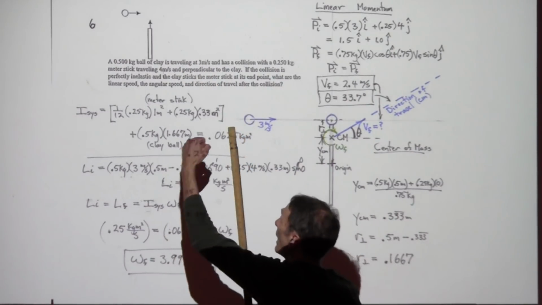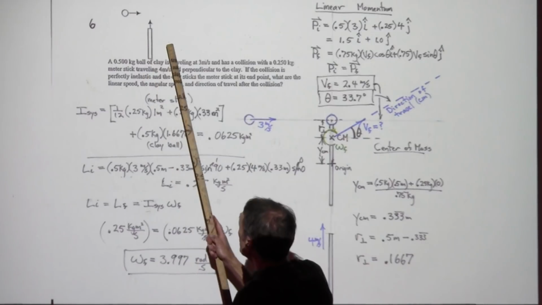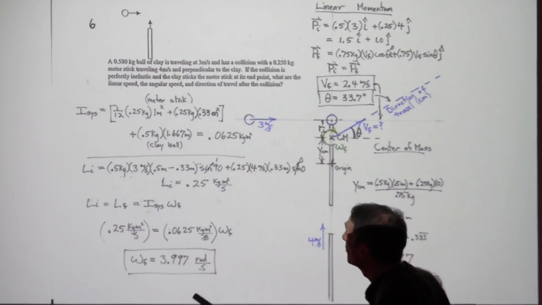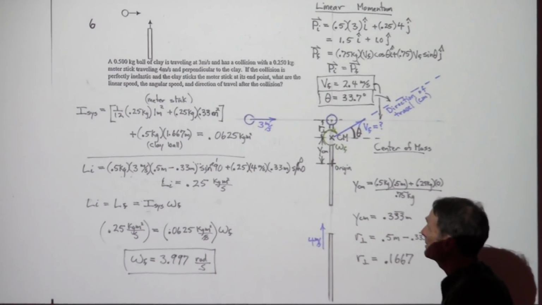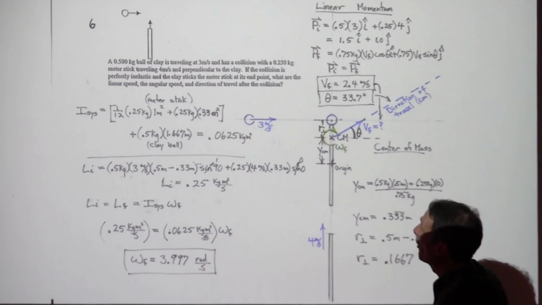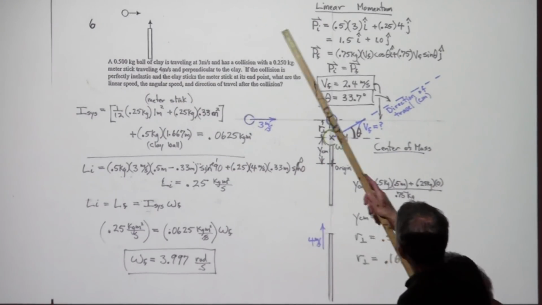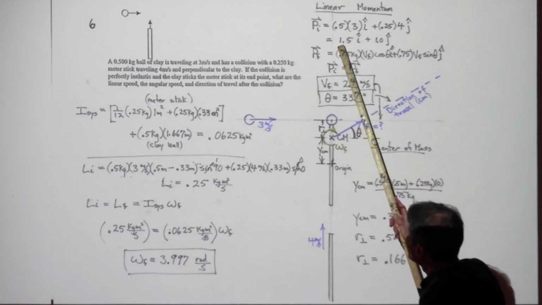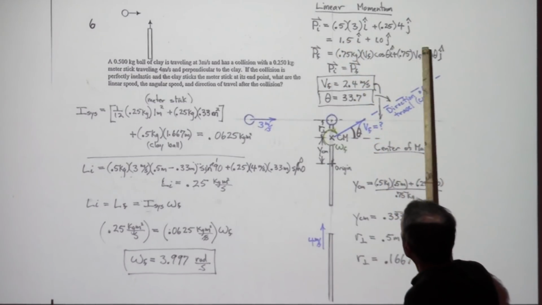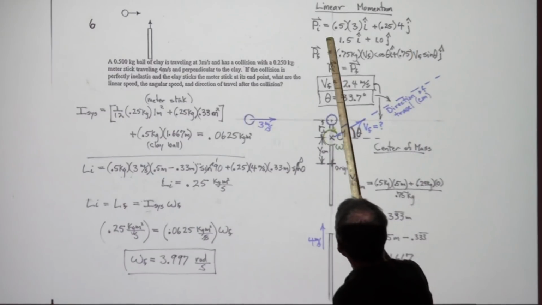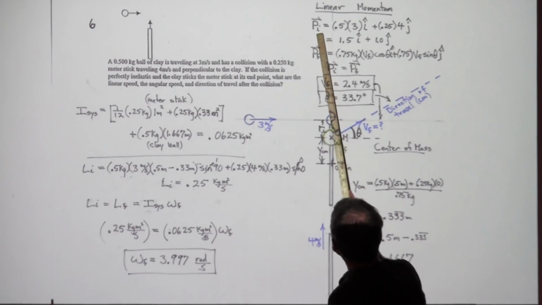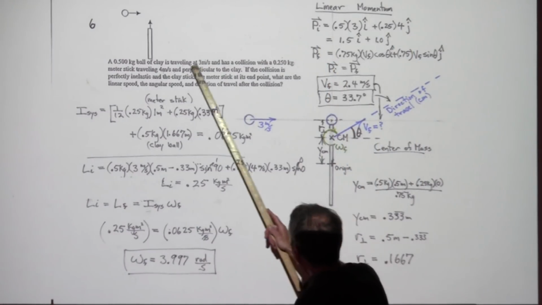when these two collide, there's going to be forces between these two, but they're going to be what we call internal to the system, so that there's no external forces. Since there's no external forces, the linear momentum should be conserved. So what we'll do is play with the initial momentum.